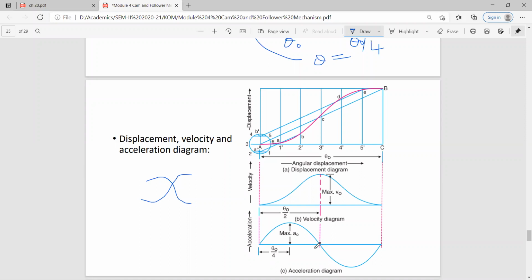After that it will reduce to 0 and then go in the negative direction because the velocity is reducing. You can see that's why it is below the x-axis. Acceleration is below the x-axis.